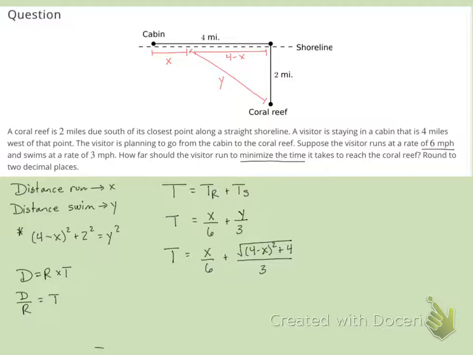That's going to be the fun part. So the first thing I'm going to do is express this in a way that I can use the power rule. So I'm going to write this as 1/6 x plus 1/3 times (4 minus x) squared plus 4, to the 1/2 power. So I'm going to bring this over to the next page here. Let me copy this.